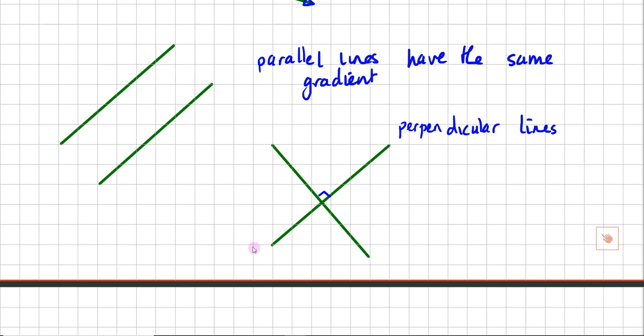So if I say to you, line 1 and line 2, if I just tell you that line 1 has a gradient of 3, is there anyone that could tell me what line 2's gradient would be? Well, that would make it parallel. You think negative 3. It is not negative 3.